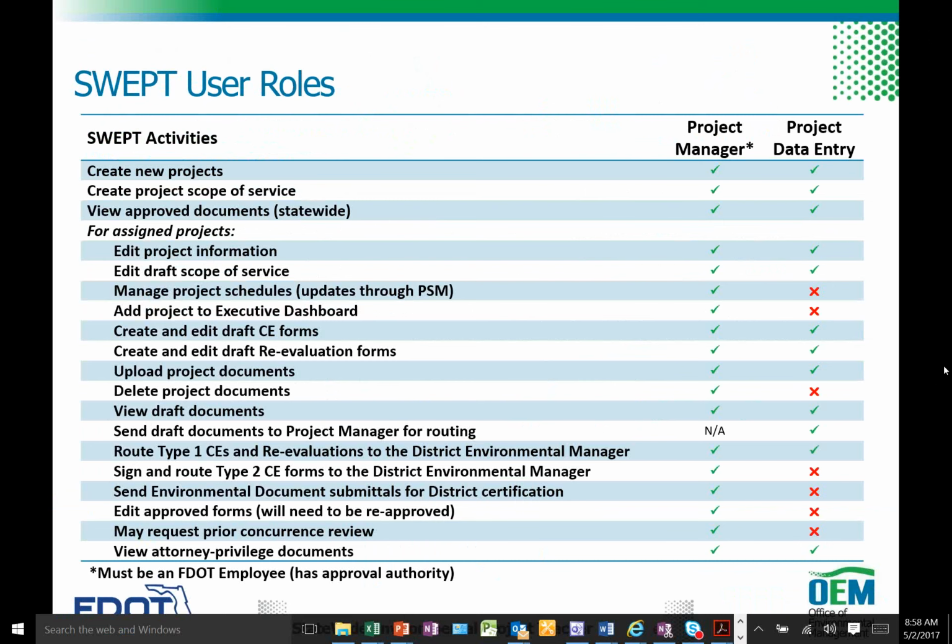Once they get stored in the EDMS, that electronic document management system, there are plenty of other applications within the department that are able to pull those documents into their application. So for instance, Project Suite.